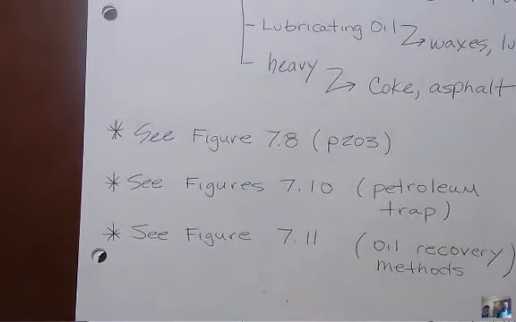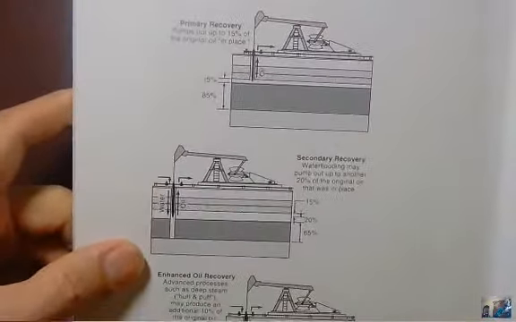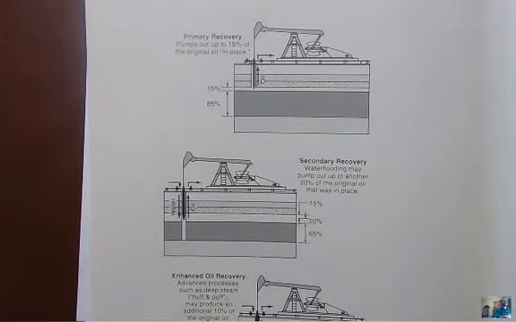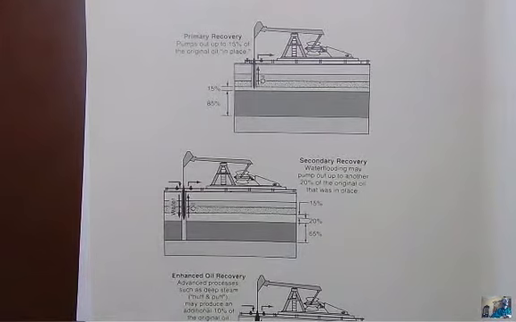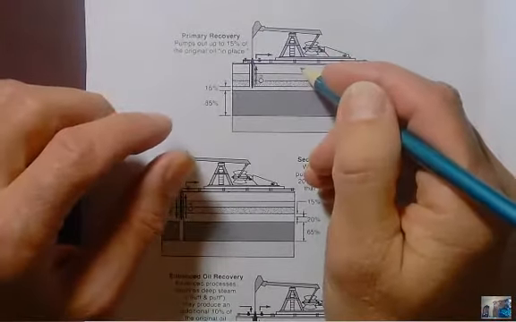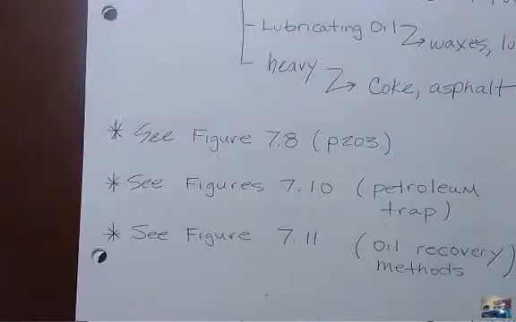Okay, figure 7.11 shows the different ways that you pull the oil out of the ground. Again, you have these graphs in your chapter 5 notes on Moodle. Here's after you build the oil derrick, which looks more like this, right?